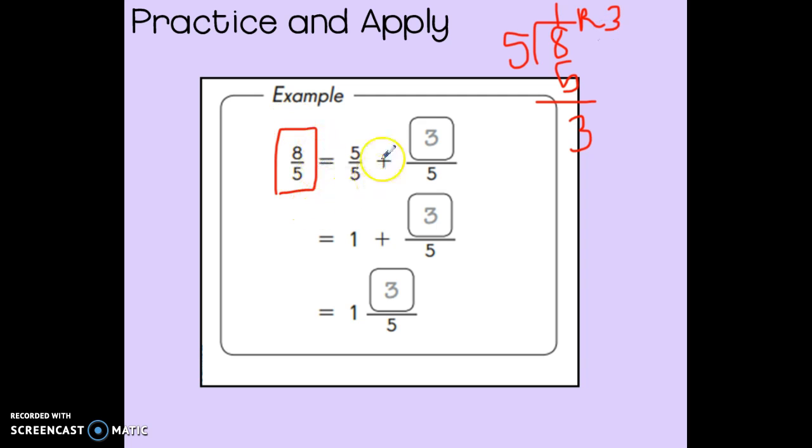I can take one group of 5/5 out of there because 5/5 is the same as one whole. If I take 5/5 out of there, I still have 3/5 left. So 5/5 plus 3/5 is the same as 8/5. 5/5 is the same as 1 plus 3 more fifths, so my mixed number is 1 and 3/5.